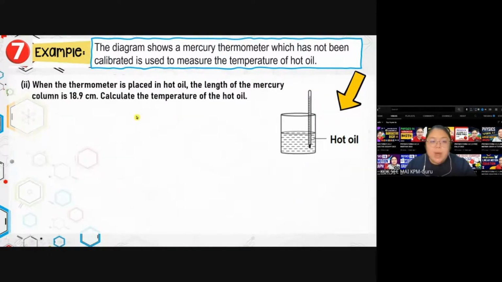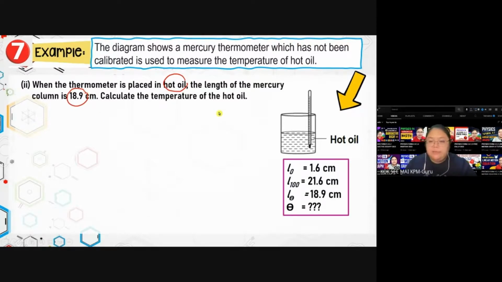Okay, so when the thermometer is placed inside the hot oil, I find the mercury goes up to 18.9. Calculate the temperature of the hot oil. So 18.9 still cannot reach 21.6, so it's still less than 100 degrees Celsius.